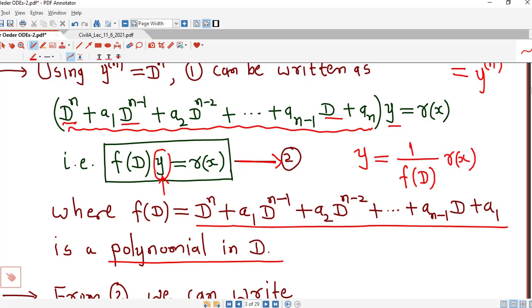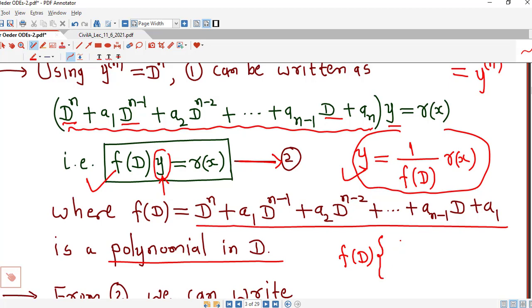So if we substitute this value of y in this equation, then we can see, if I substitute y equal to this in the left hand side of this equation, I will have f of D y, I replace by 1 over f of D R(x), then I will obtain R(x).